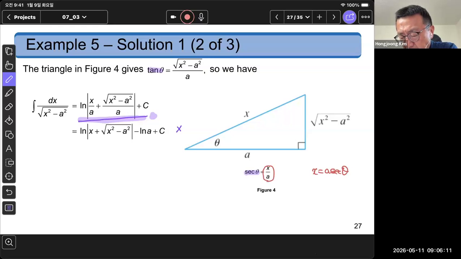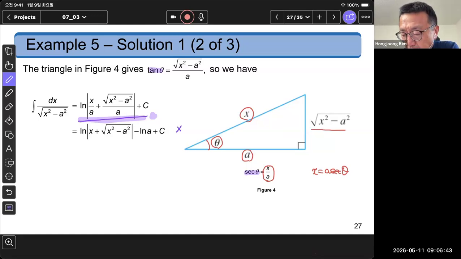When I draw the right triangle with angle theta, and secant theta is x over a, that means the hypotenuse will be x and the adjacent will be a. Then the Pythagorean theorem says the opposite will be the square root of x squared minus a squared.